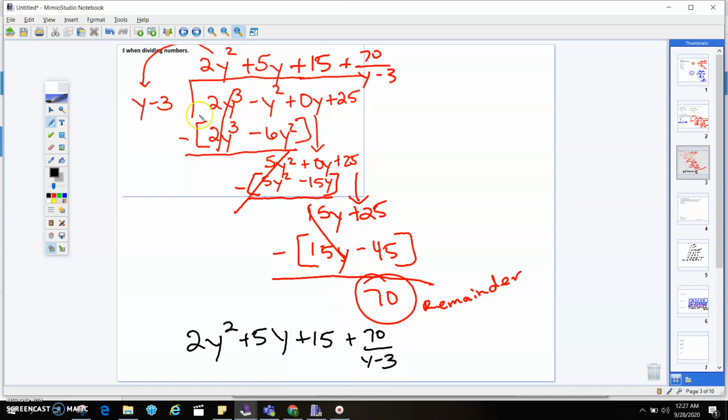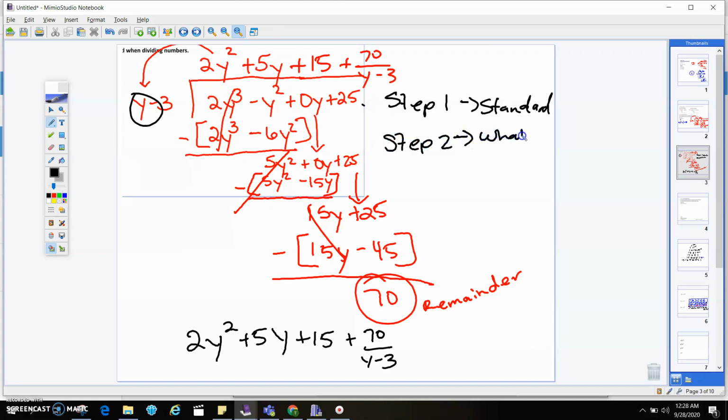Okay, so let's recap really quickly. Make sure that we write it out in standard form. So here's your step 1: make sure it's in standard form. Step 2 is to ask yourself, what times what's on the outside will give you what's on the inside.